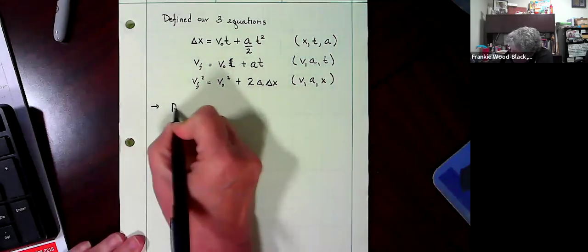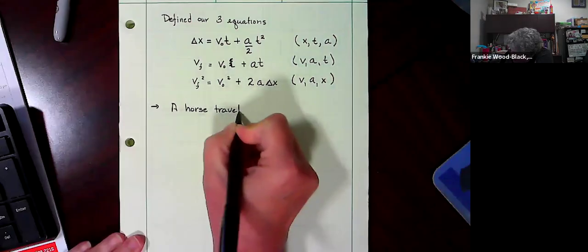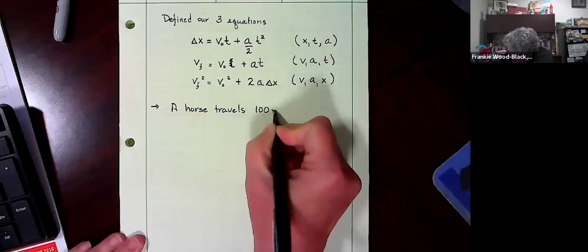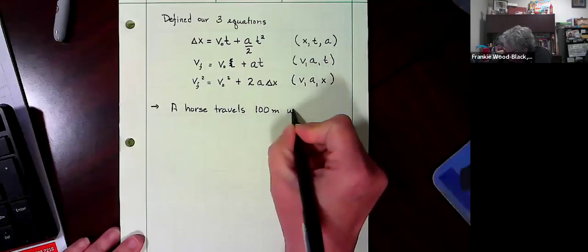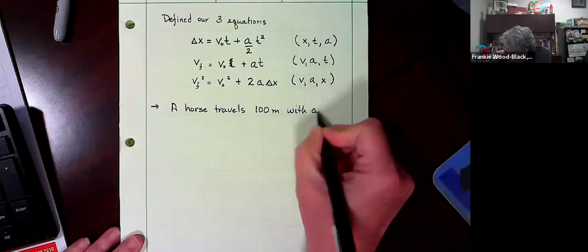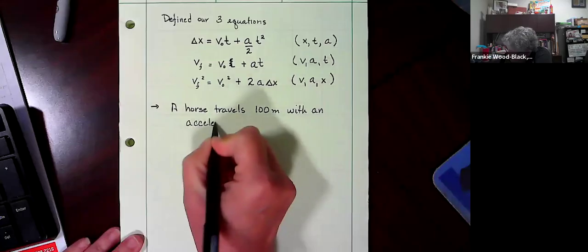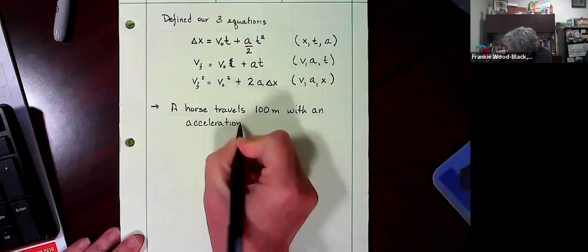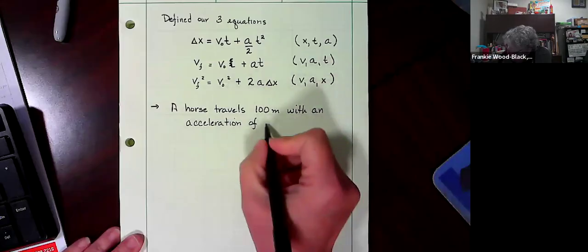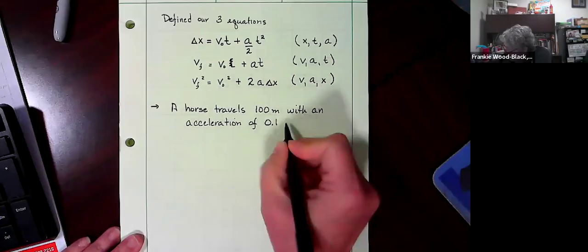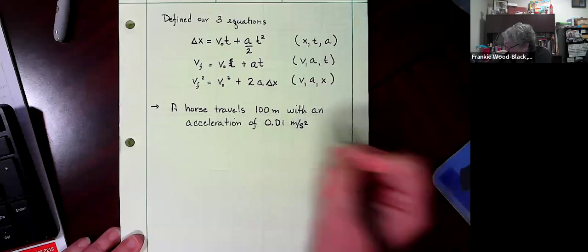We have a horse that travels 100 meters with an acceleration of, we're going to do 0.01 meters per second squared.